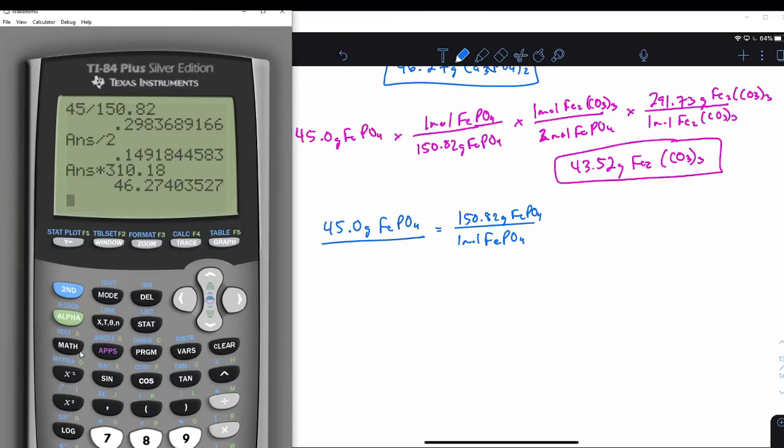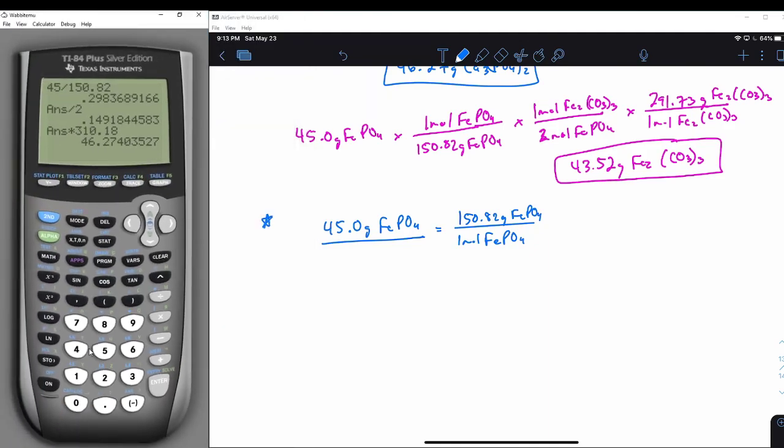So it's what? 45 divided by 150.82. So that's 0.2983 moles.